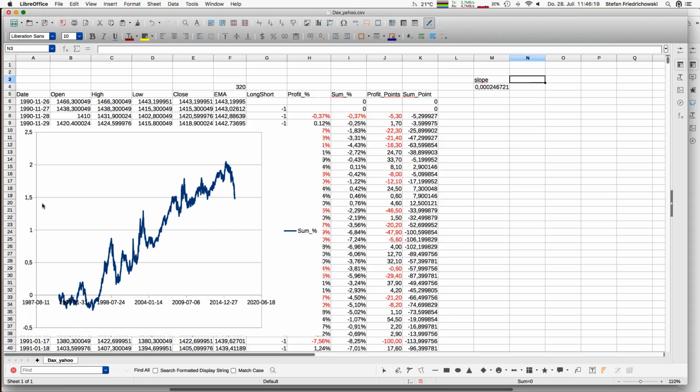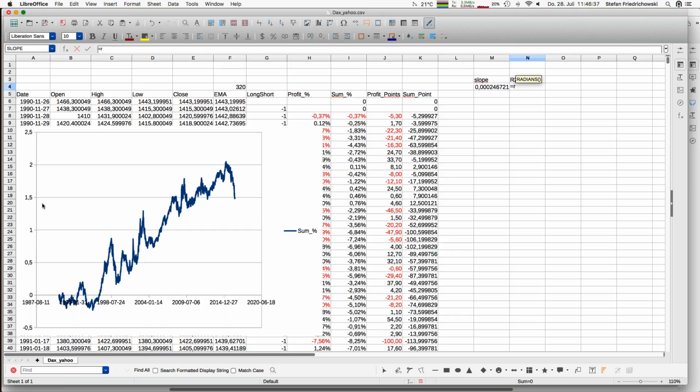And the other value that I would like to get here is the so-called R square, or I always write R2, that is the linearity of that equity curve.